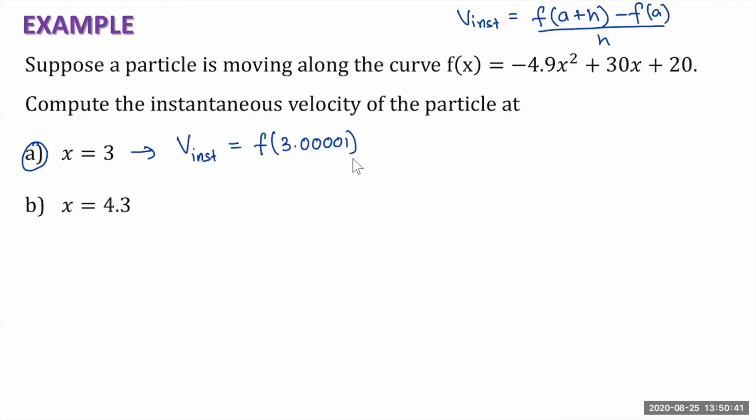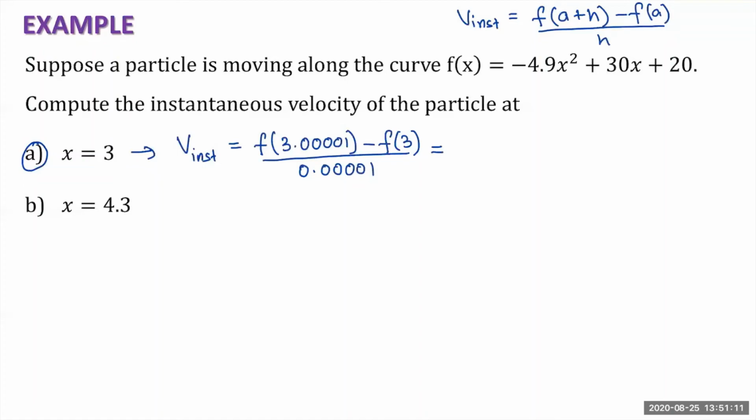Then minus f of a, that is f of 3, divided by h. So our h is this one, 0.00001. We need to compute this value using a calculator.